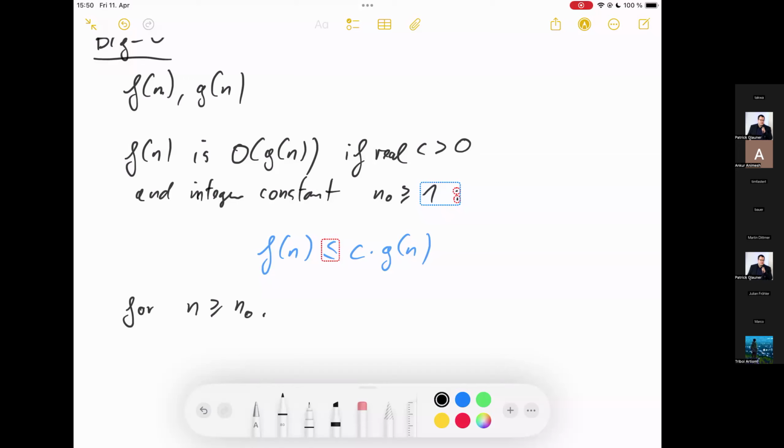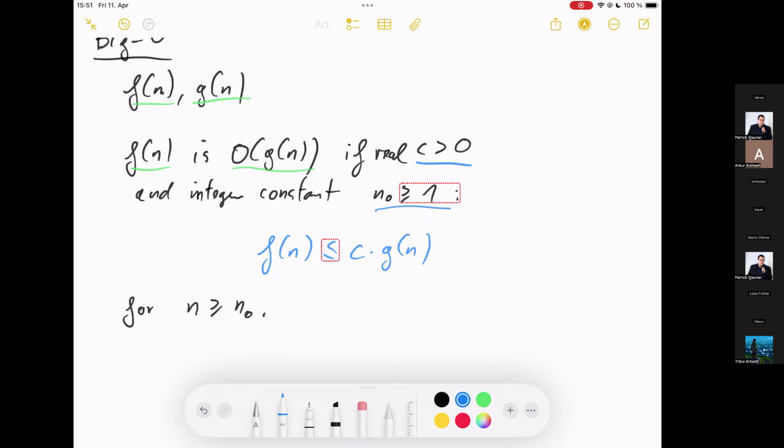So what does that mean? We have our mappings f of n and g of n that map from positive integers to real numbers. We say f of n is O of g of n. And for this, we also need some constants: c, that is greater than 0, and an integer constant n0 that must be greater than or equal to 1.